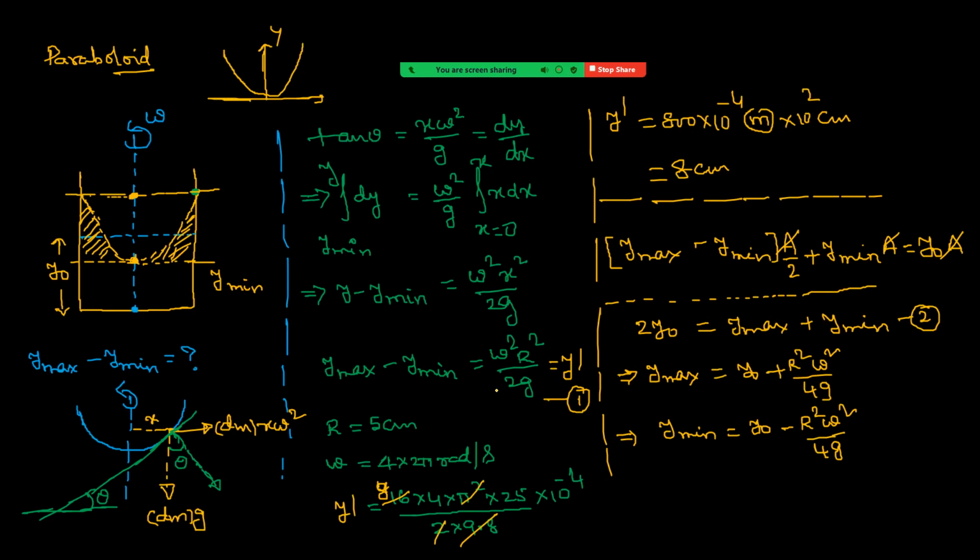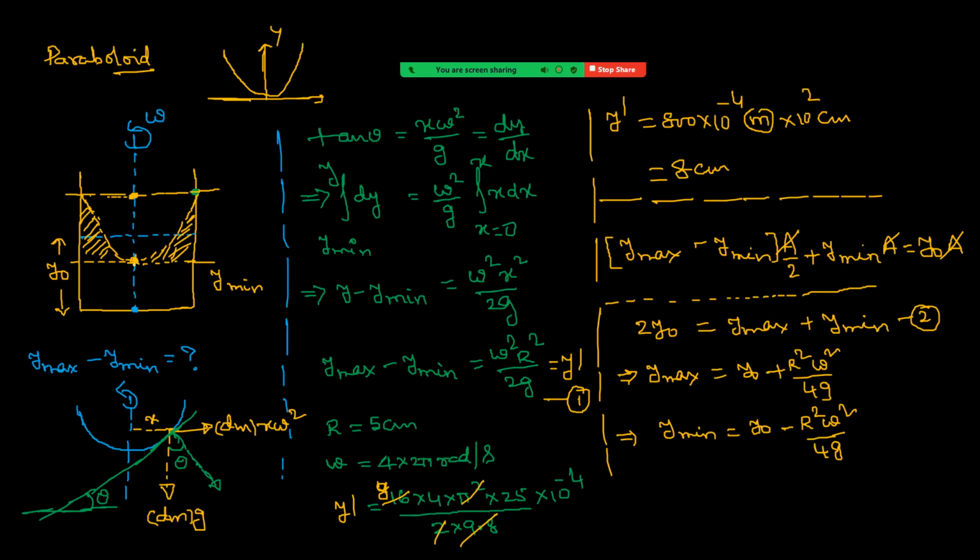Okay. Now you can focus on how questions can be asked based on these two. So now the question is like, for what value of omega is the central point of the base visible?